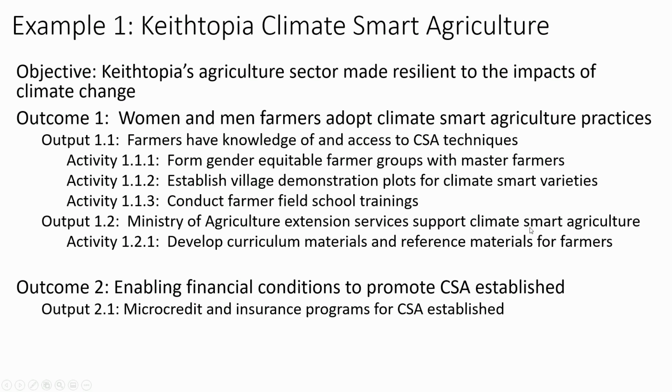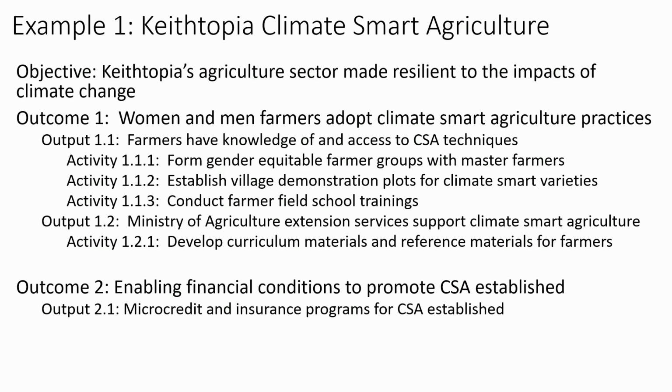So the first activity, notice how this is labeled, 1-2-1. Output 1-2, activity 1-2, first activity, 1-2-1. So we're going to develop curriculum materials and reference materials for farmers. These are materials that the Extension Service officers can use to train farmers and to disseminate to farmers.